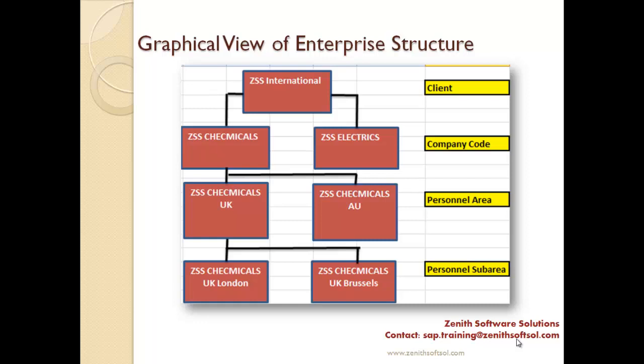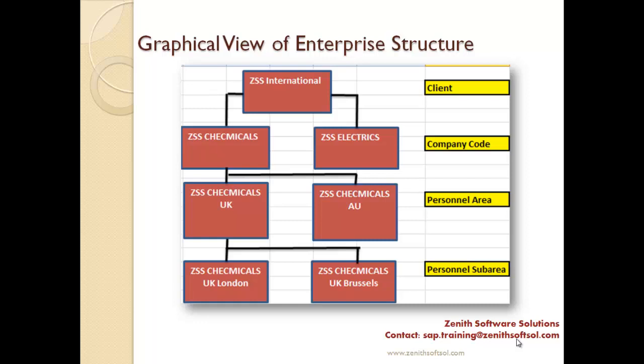Now under the company code ZSS Chemicals, there are two personal areas, that is ZSS Chemicals UK and ZSS Chemicals Australia.